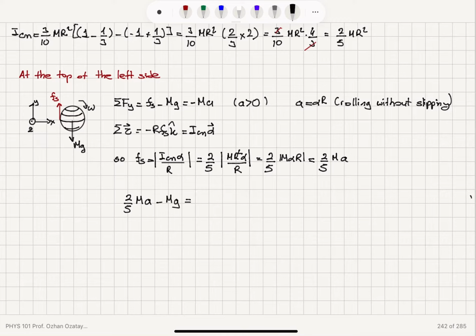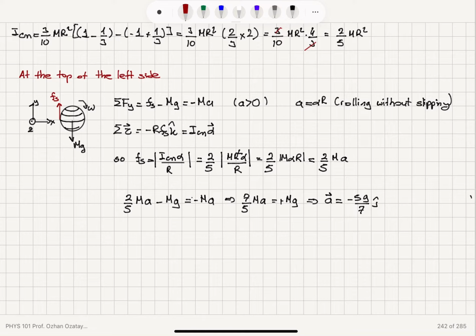The weight is equal to ma minus ma, and that will give us 7 over 5 ma is equal to plus mg, and that will give us acceleration is equal to minus 5g over 7 in j hat direction as a vector.